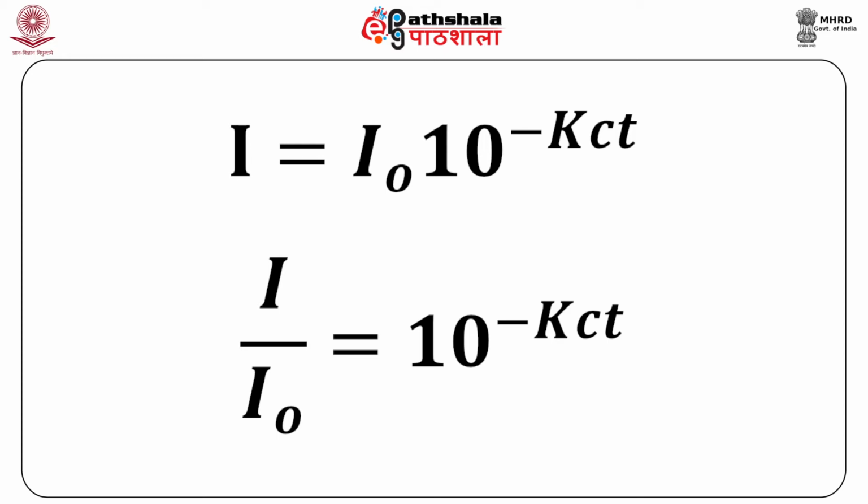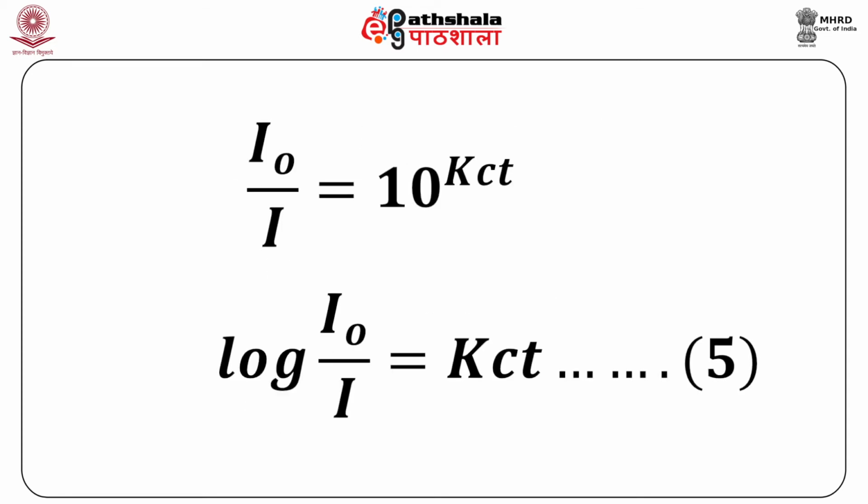The terms are rearranged, giving I by I naught is equal to 10 raised to the power minus capital K C t. Taking inverse on both sides, we get I naught by I is equal to 10 raised to the power capital K C t.